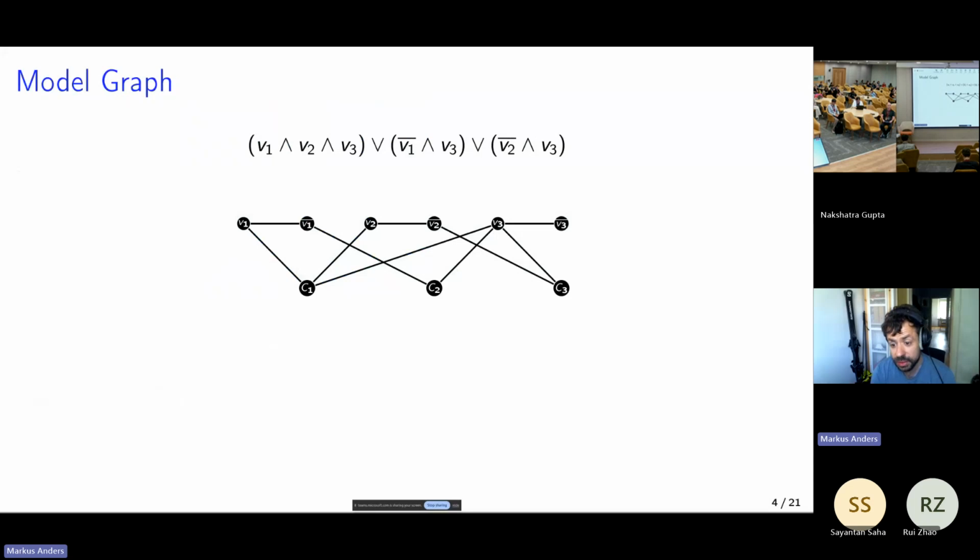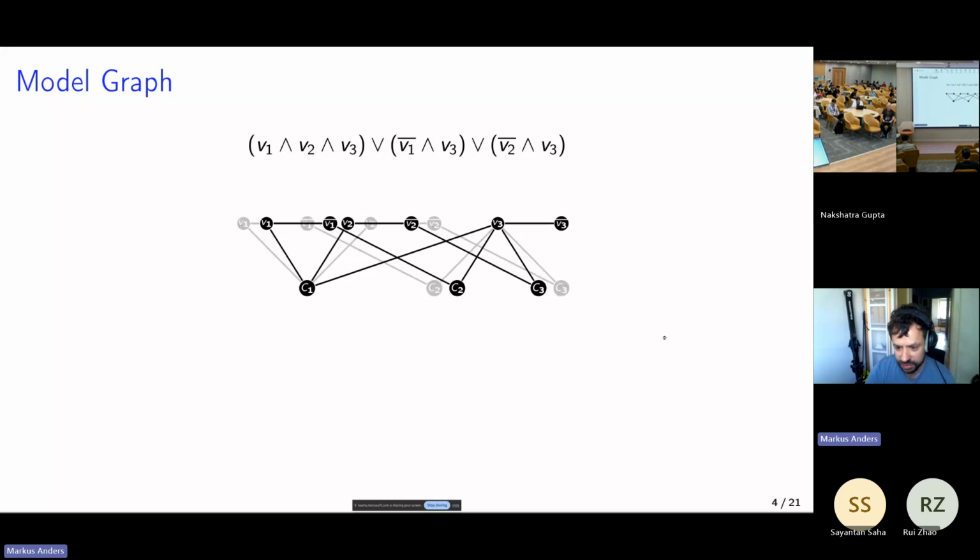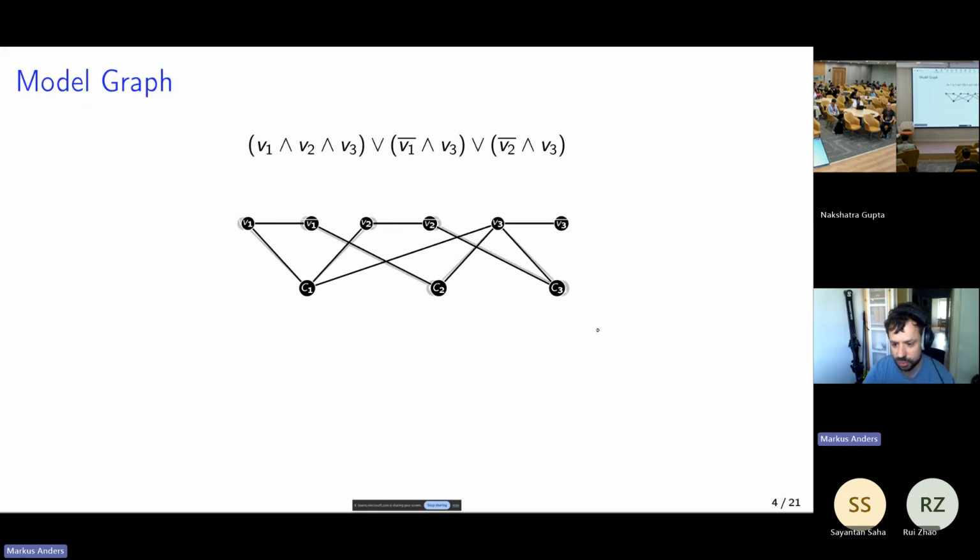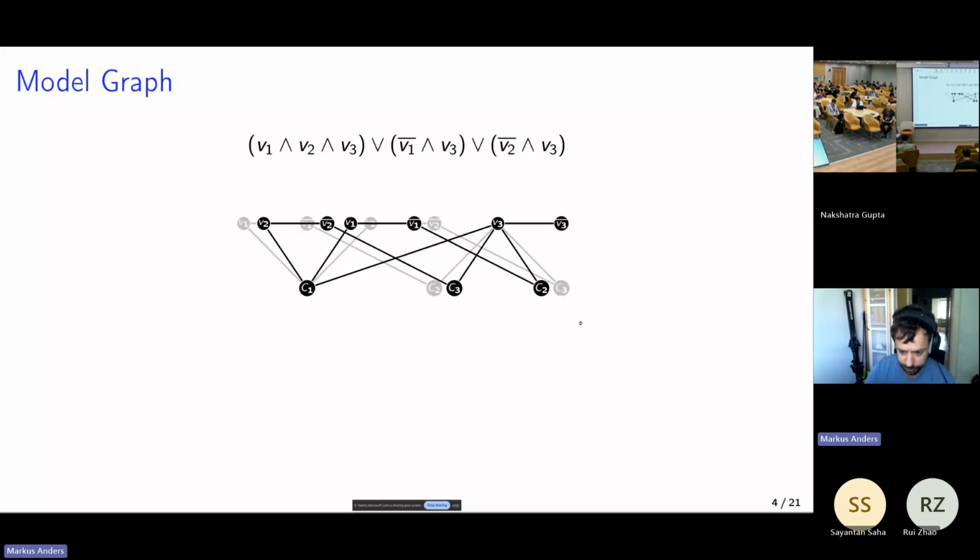The property of this graph is that the symmetries of the graph are precisely the syntactic symmetries of the formula that we started with. And this example symmetry that we've seen earlier, we can see this exact same symmetry on the graph as well.